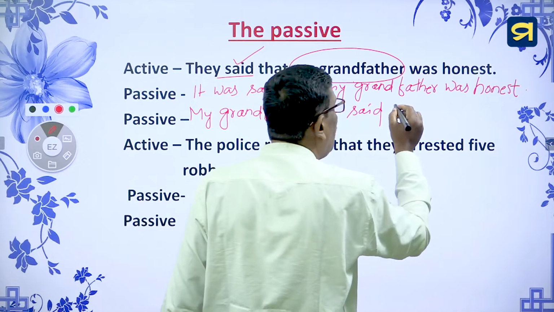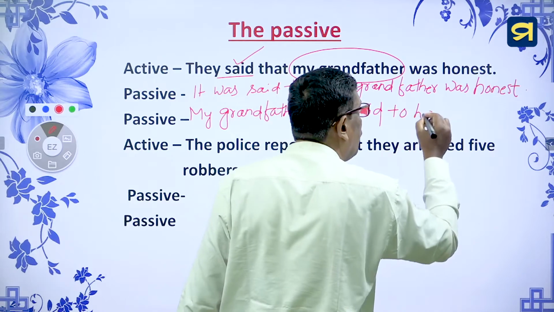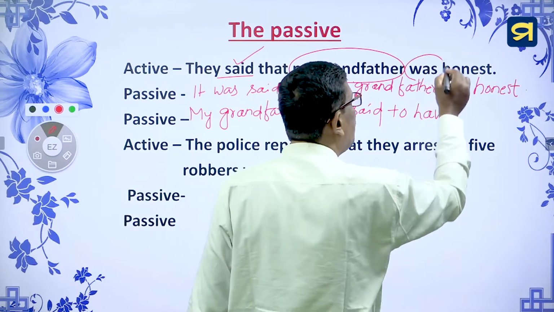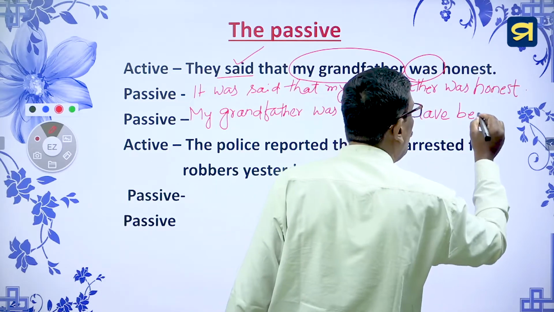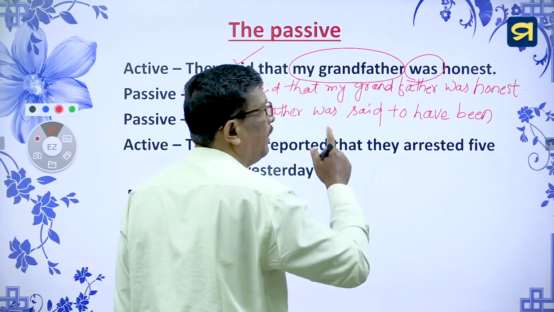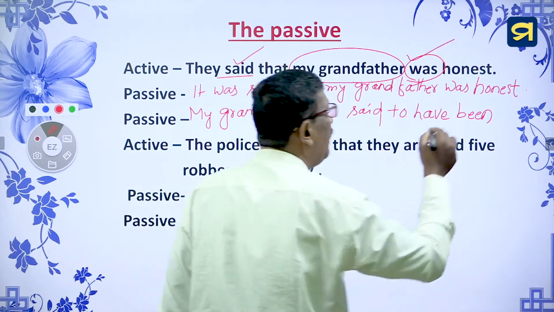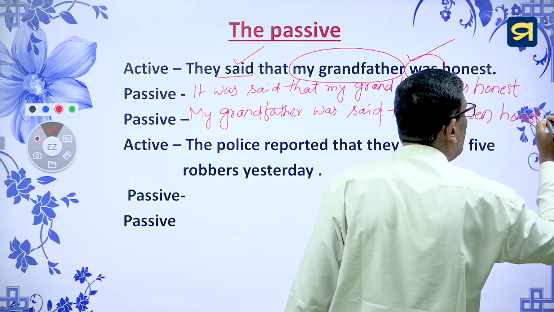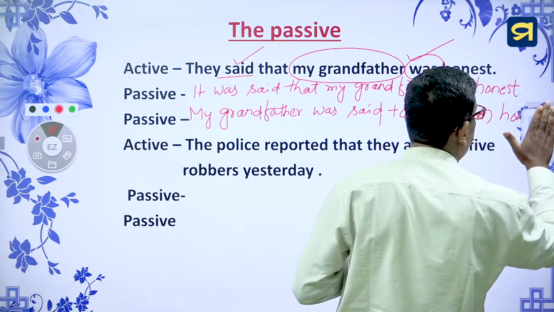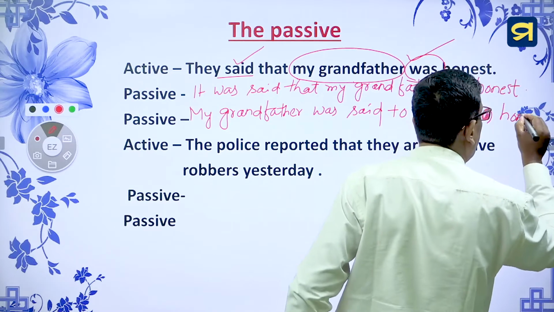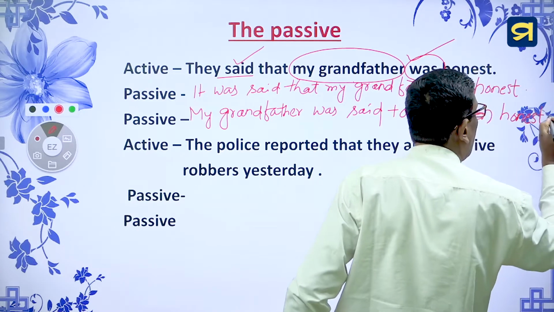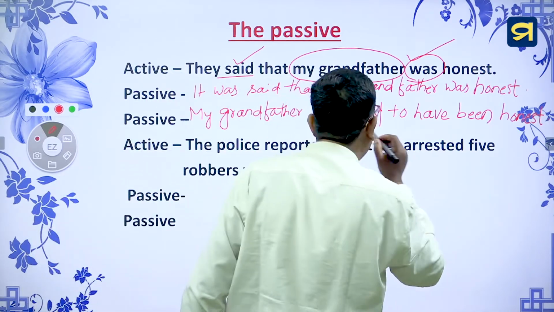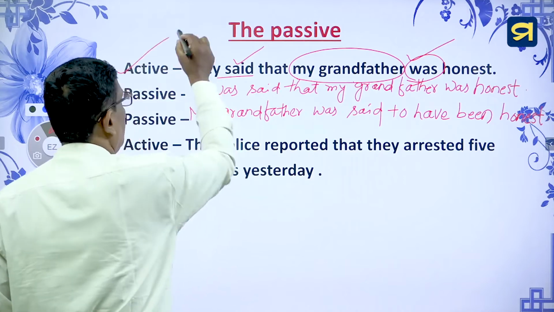Then we will use to followed by have. What is the third form of was? Been. To followed by have, then V3 of the main verb. Then the other words, honest. My grandfather was said to have been honest is the passive voice of this sentence.